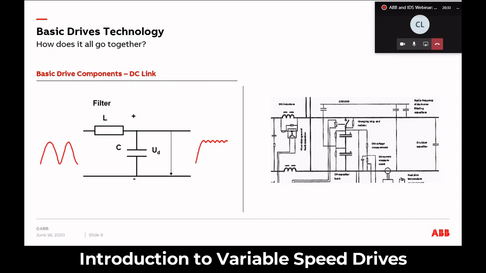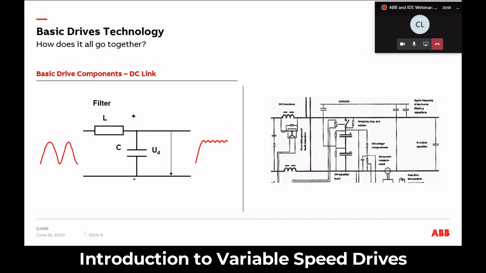A lot of drives in today's market will be what we class as voltage source inverters. So typically we'd have some form of capacitance in there to create this smooth DC link. Very rarely nowadays, there are some current source inverters where we have some form of inductor to, again, smooth that DC current and voltage.